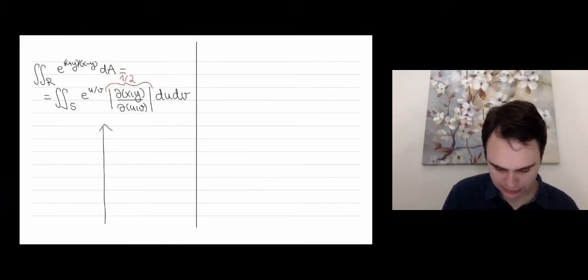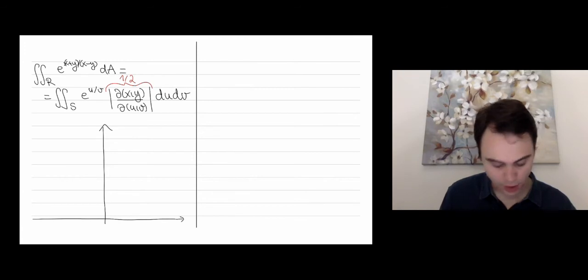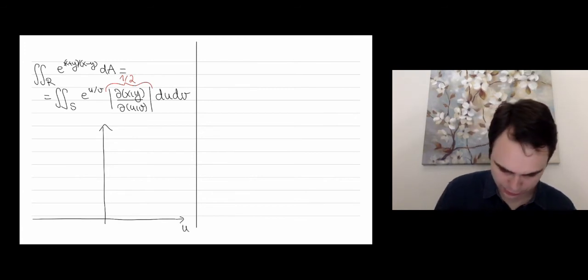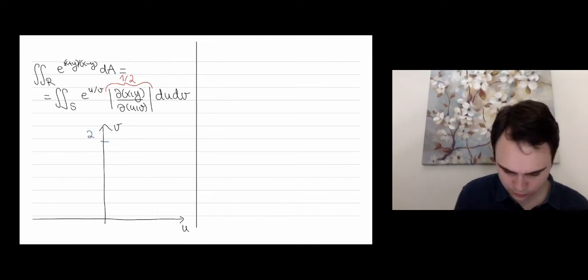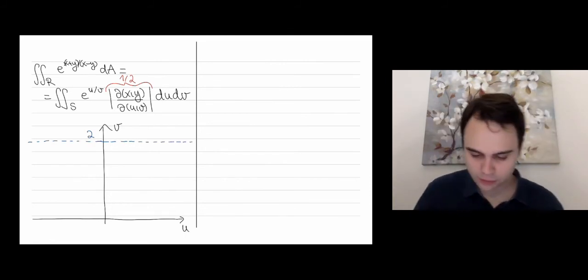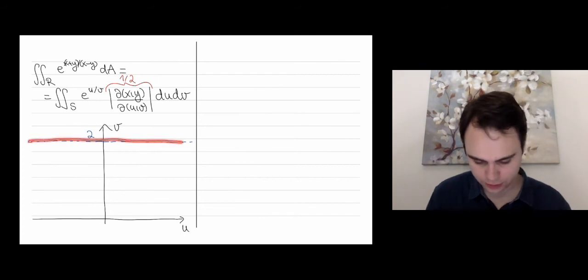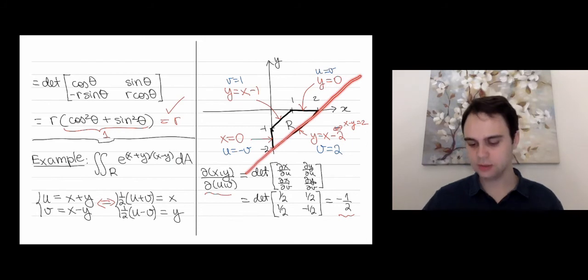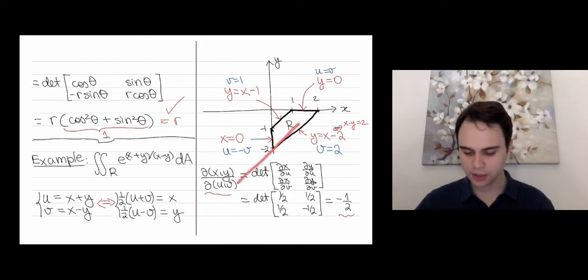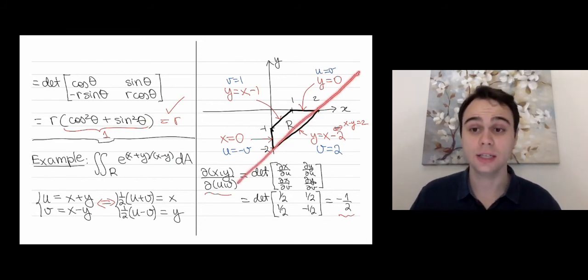I know I'm not going to need negative values of v because I rehearsed this lecture. So v equal to 2, let's say that's over here. So that's one of the lines, the line that corresponds in the UV plane to this diagonal line in the XY plane.